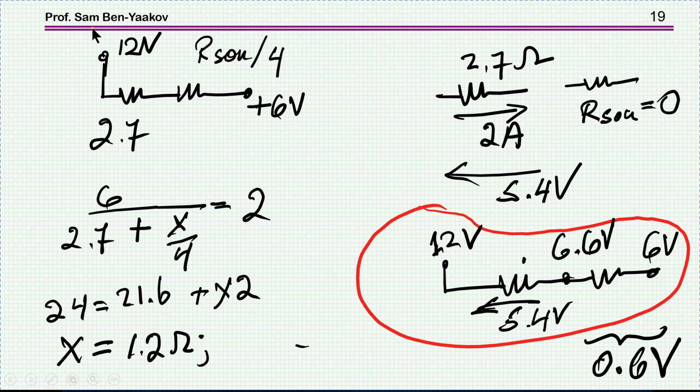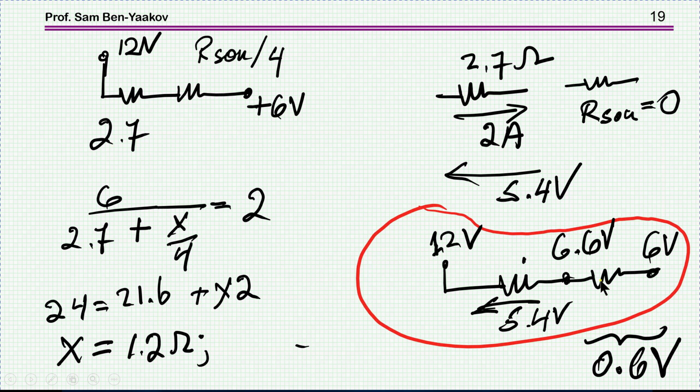Okay, so the difference here is 6 volt divided by 2.7 plus this resistance, and it comes out to be 1.2 volt. Now, if this is the case, we have a problem here because the voltage drop on the internal resistance here, 2.7, is already 5.4 volts.